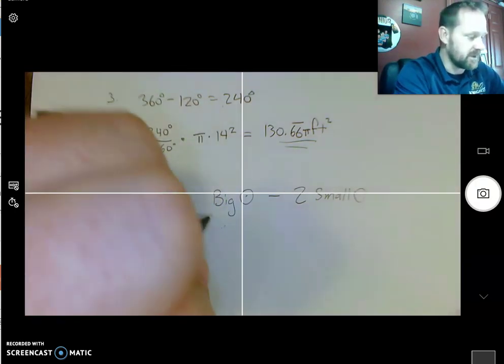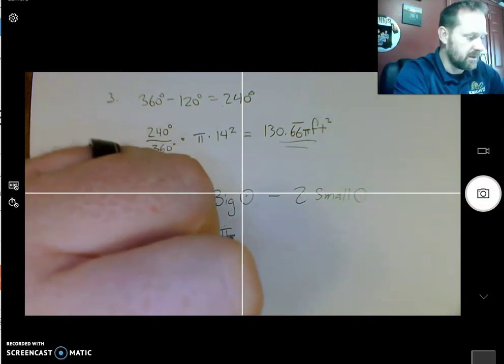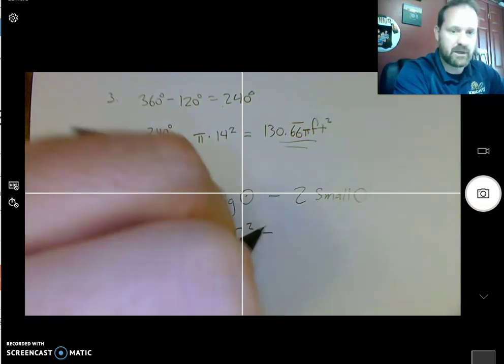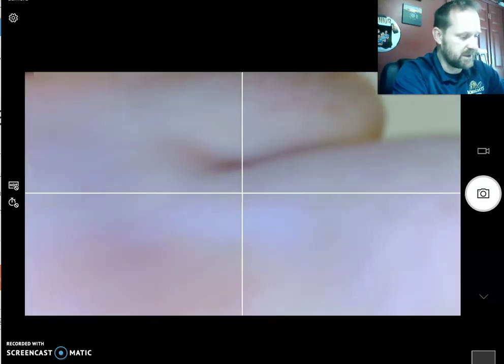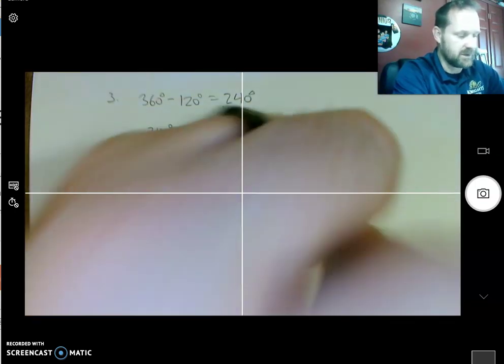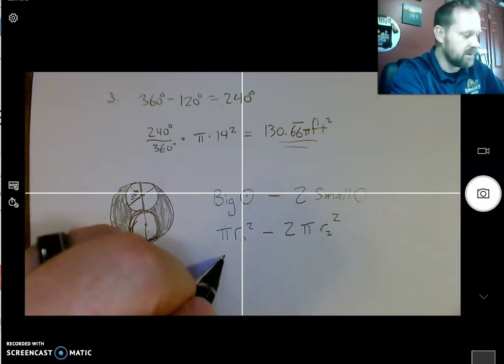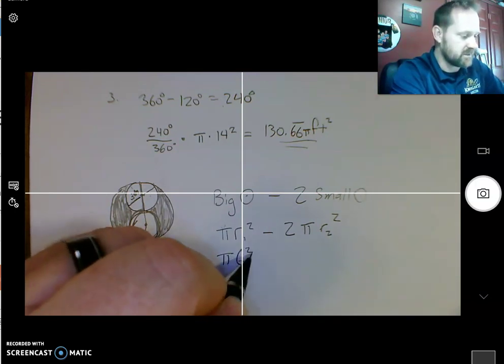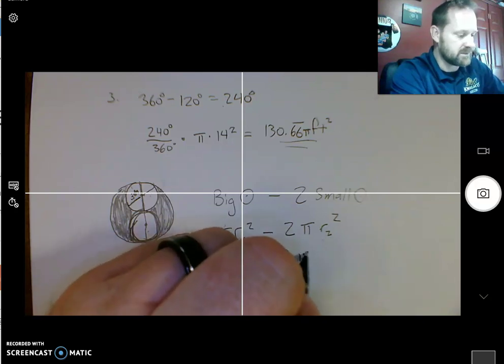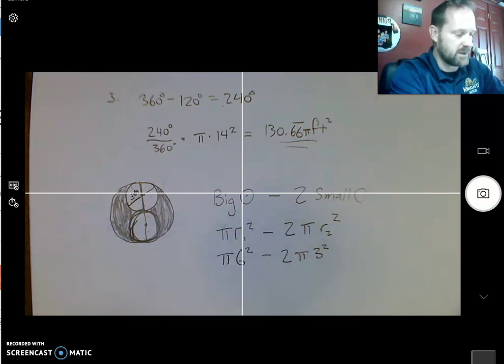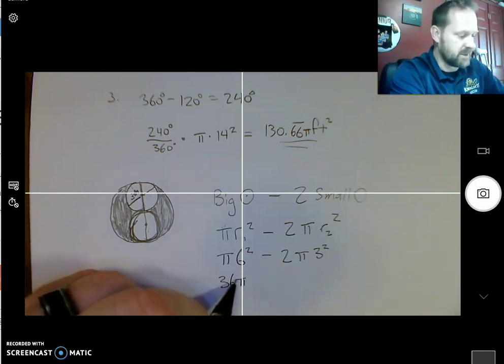So this is simply going to be pi r1 squared minus 2 times pi times r2 squared. You know me, I love subscripts, so I've got the subscripts going on here. So then pi times 6 squared minus 2 times pi times 3 squared. Okay, 6 squared is 36, so 36 pi.